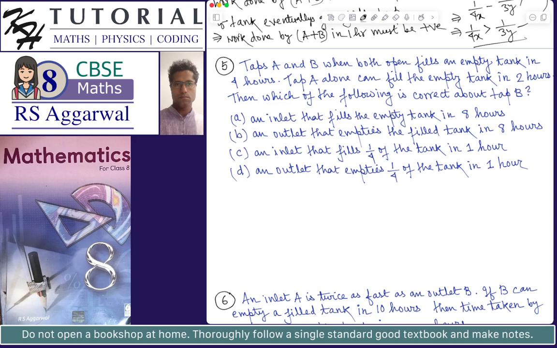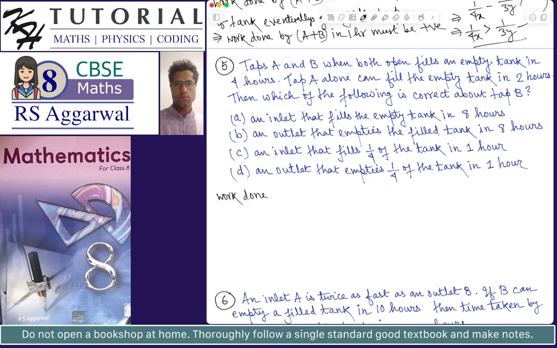We know that tap A alone can fill the empty tank in 2 hours. Now from the given fact, we can easily find the work done by B alone in 1 hour. From that, we have to identify whether B is an inlet or outlet.